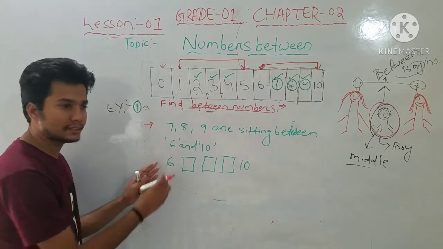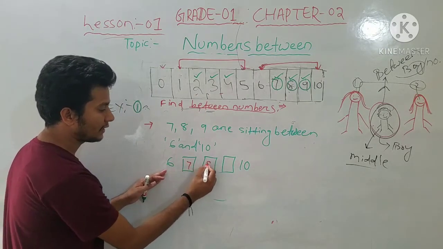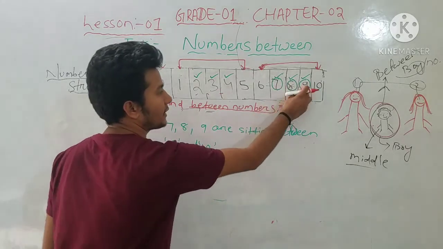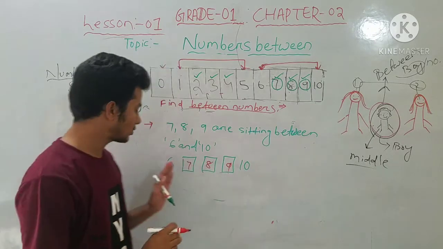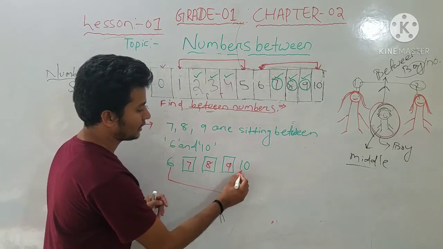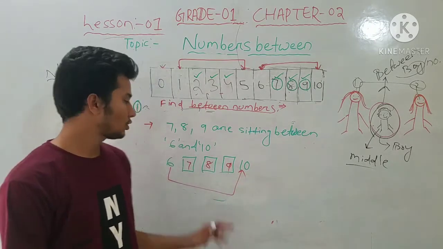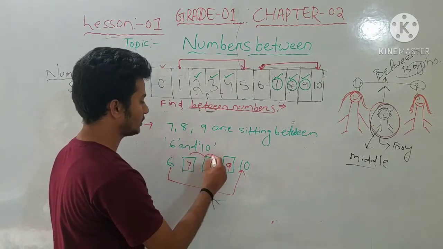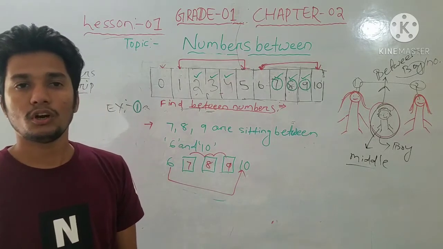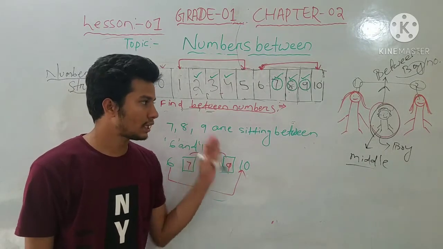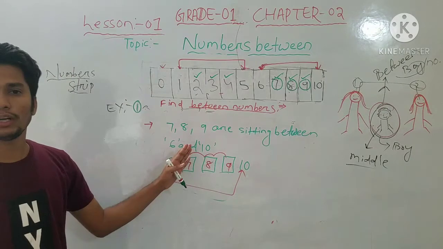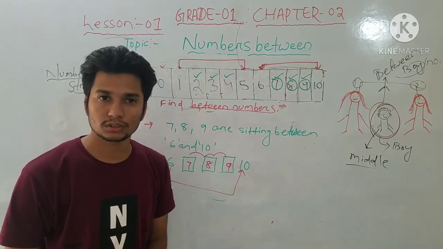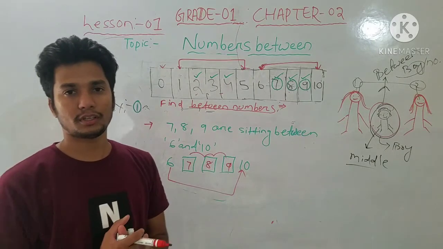So from the left side 6 is given, 7, 8, 9. So 7, 8, 9 are the between numbers of 6 and 10. Understood students? By this way we can identify the between numbers or numbers between.